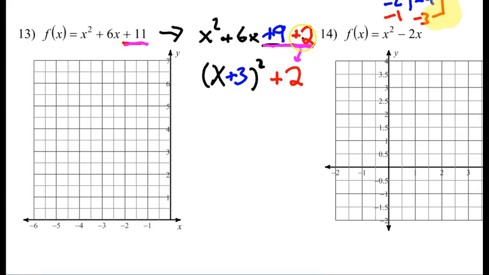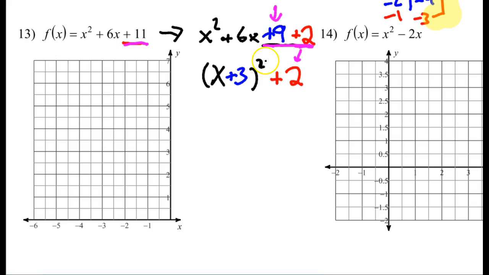So this number could be a plus or a minus. This number, will that always be a positive? True or false? Will this number always be positive? So think about how we are getting that number. We're getting it from squaring. So if you square a number, is it always positive?